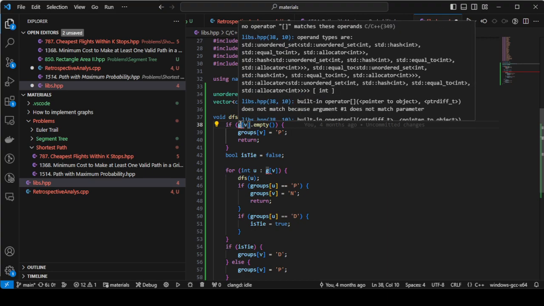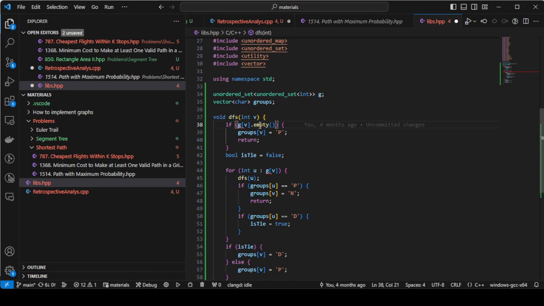G. Так, G. Ну да. Почему это делаю? Ordered map of int and this. We take GV and empty. That's it.